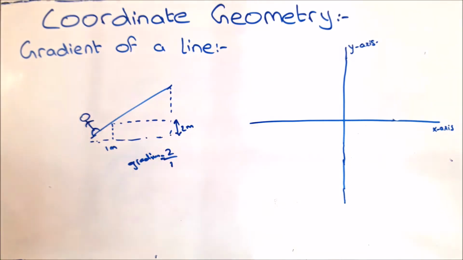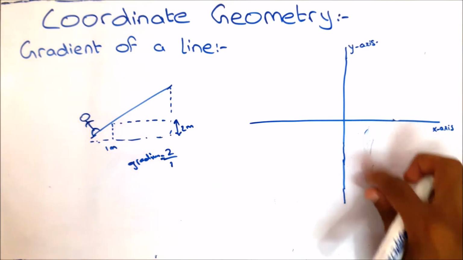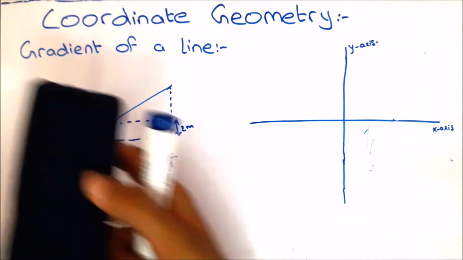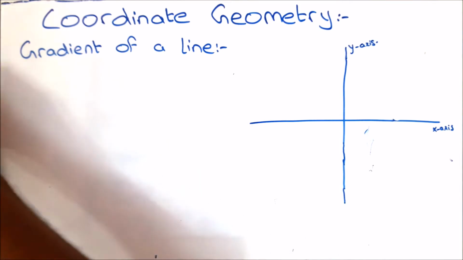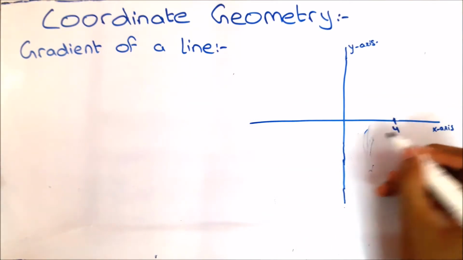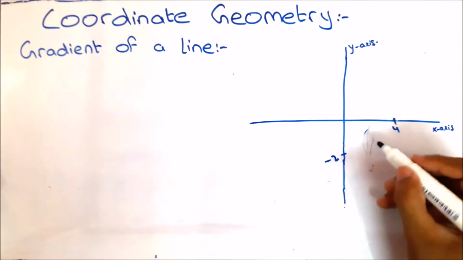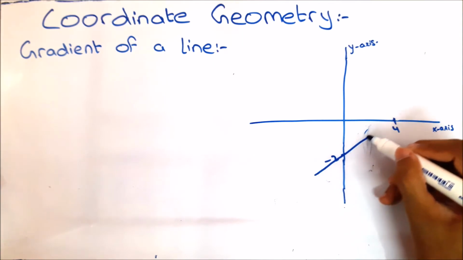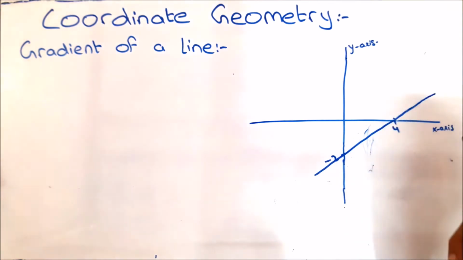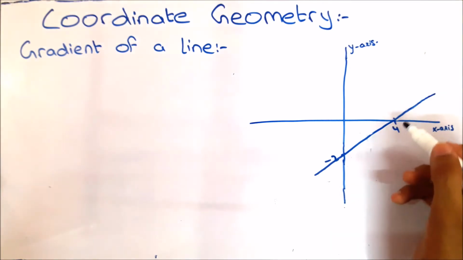On this xy plane, let's take an example. Suppose we have a line which crosses the x axis at 4 and the y axis at minus 2. What is its gradient? First of all, we write their coordinates.